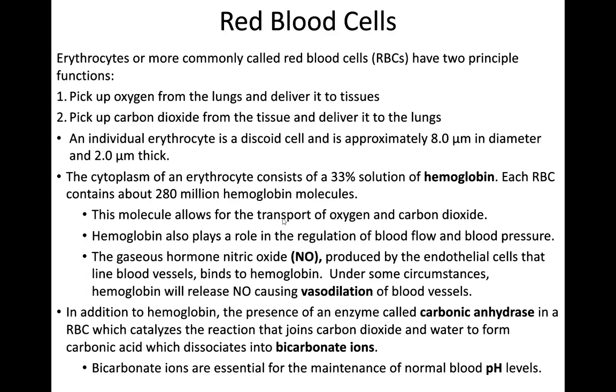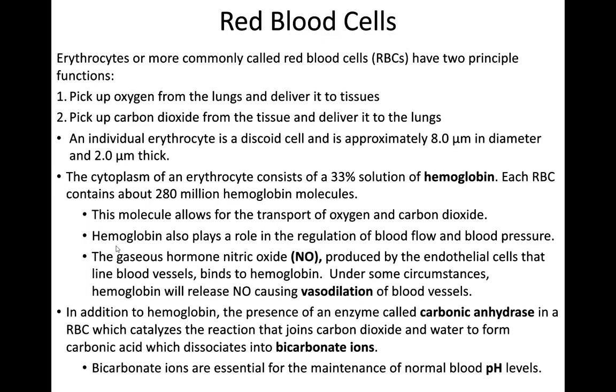Something around 98.5% of the oxygen that's carried in our blood is carried by hemoglobin. So by far and away, the majority of our oxygen is carried by hemoglobin. It does carry carbon dioxide as well, but only like 23% of your CO2 is carried by hemoglobin. And we'll talk more about that here in a couple of weeks when we get to our respiratory lecture.